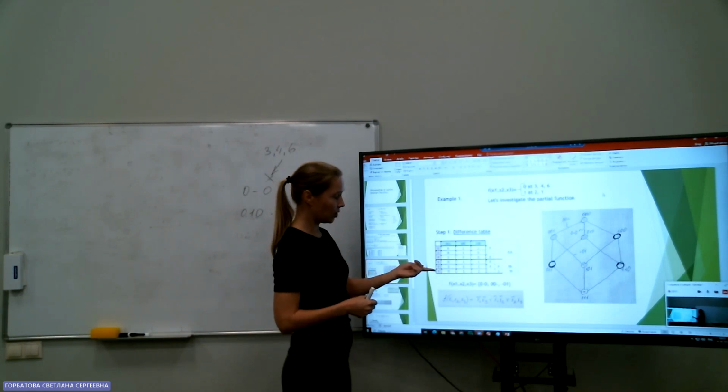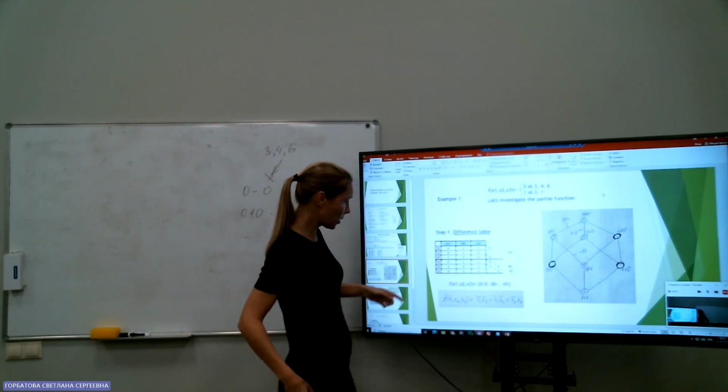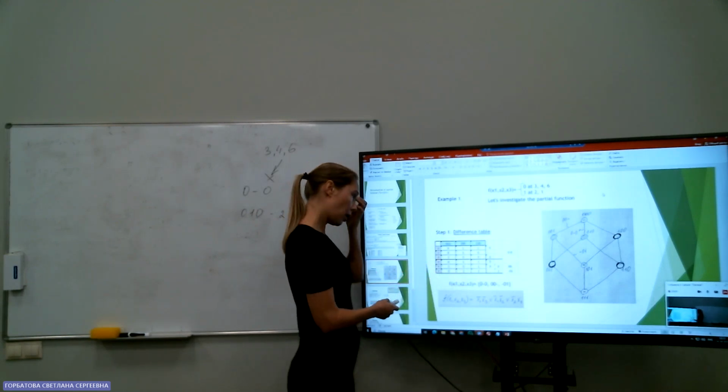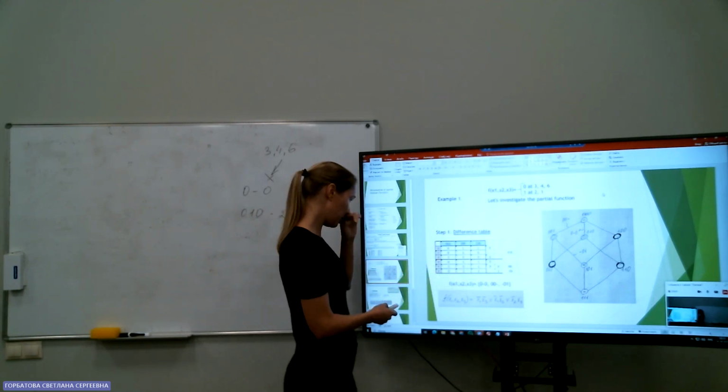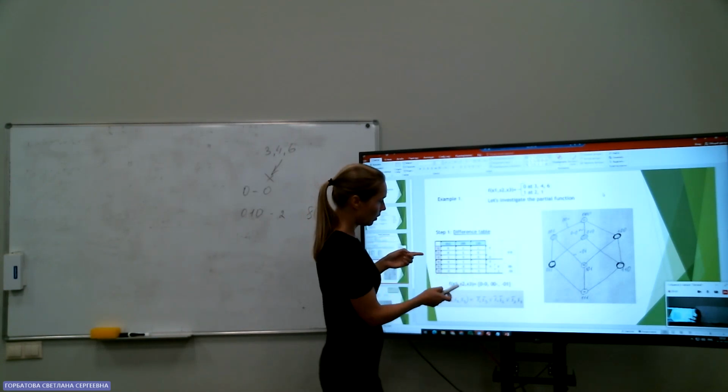The same situation here, the same algorithm. For the next point, point 1, for the next table, I also find intervals.